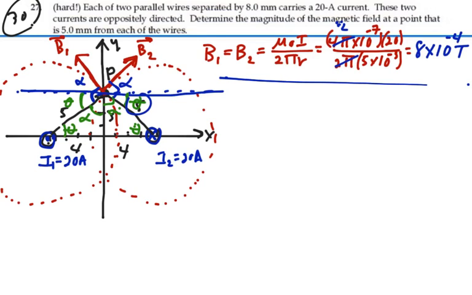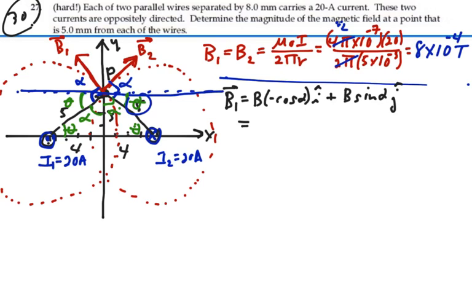So I can write B1 as being equal to B times the negative cosine alpha i plus B sine alpha j.